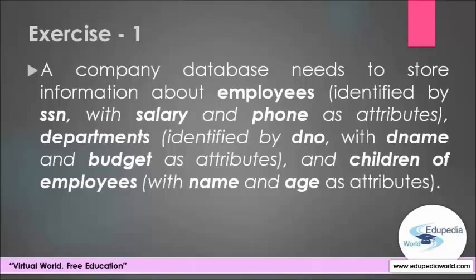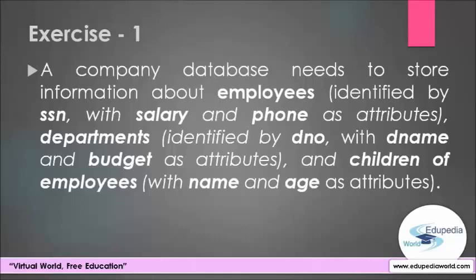A company database needs to store information about employees identified by social security number with salary and phone as attributes, departments identified by department numbers with department name and budget as attributes, and children of employees with name and age as attributes. So here it directly says what are the entities and their attributes.